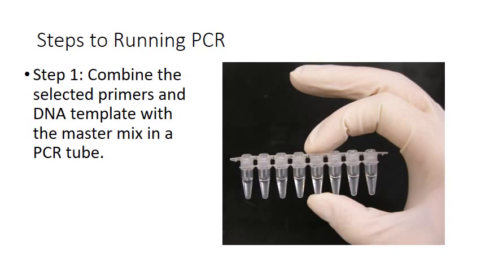And we talked about the components that were needed to make a PCR master mix in the last video, so if you're curious as to what those components are and what they do, you would want to look back at that one.